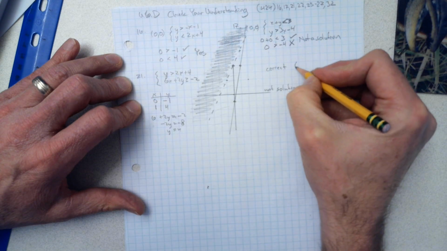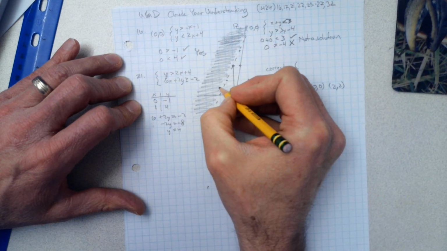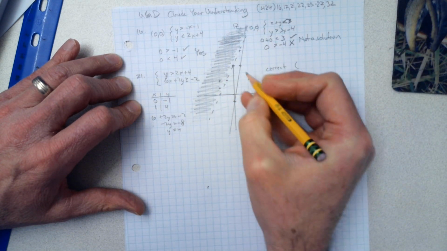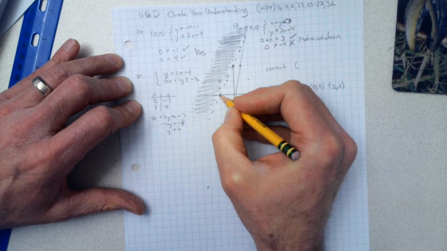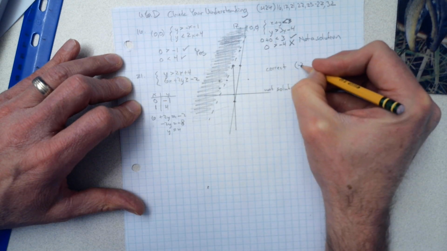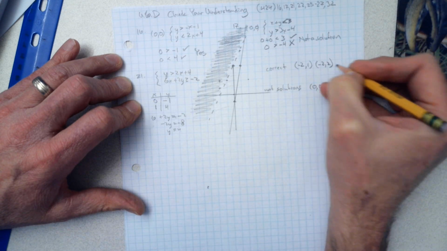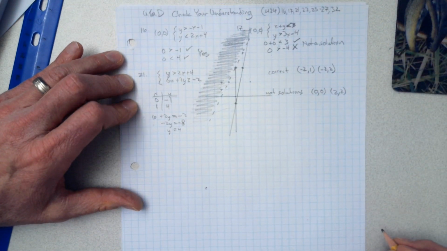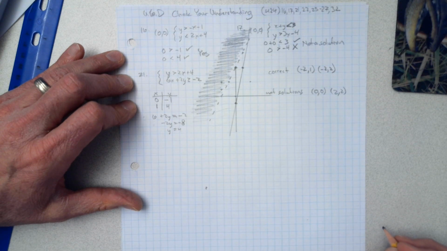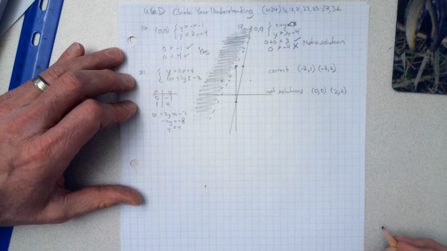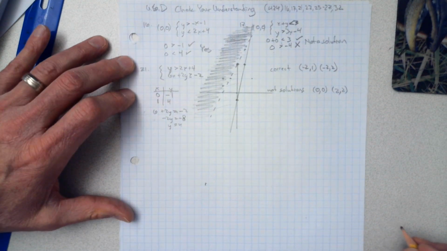Ones that are solutions, this point and this point would work. So that looks like (negative 2, 1) and (negative 2, 2) will both work for that one. Probably should have given myself a little bit bigger graph space to do that on.